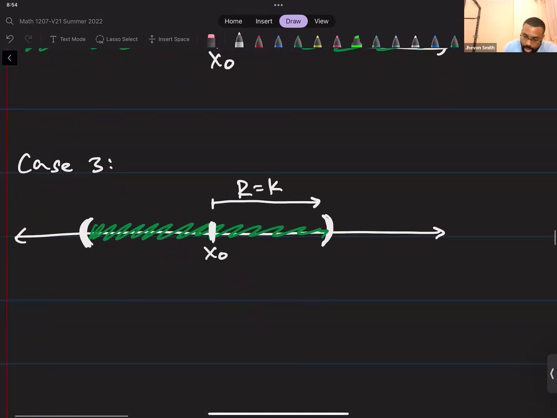This window opens up to x naught plus k, and this one goes down to x naught minus k. So the series converges absolutely in this interval.